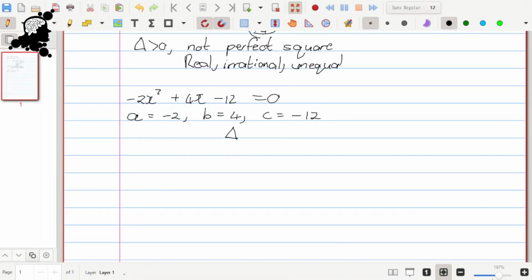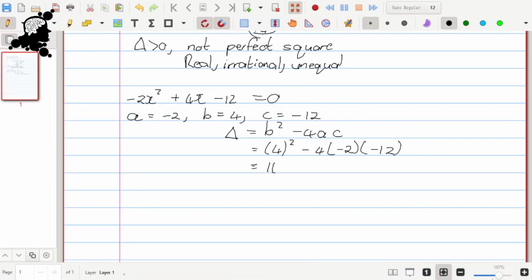So delta is going to be equal to b squared minus 4ac. When we substitute this, the value of b is positive 4 squared, minus 4 into the value of a is negative 2, the value of c is negative 12. Let's see what happens when we substitute this.